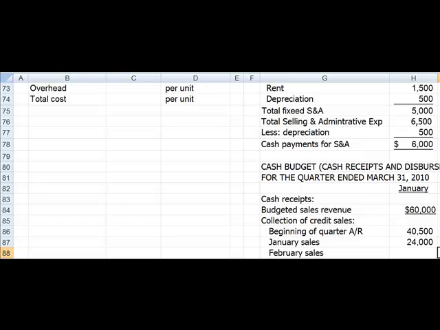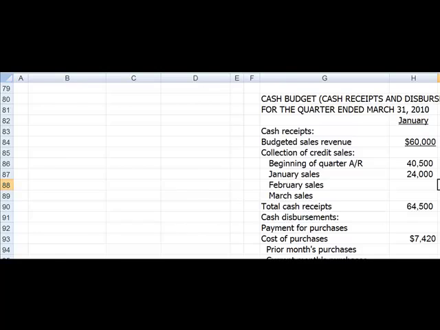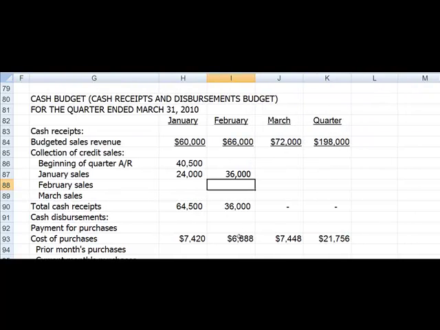So 40% in the month of sales and 60% in the month after sales. Now, normally you would just have prior month, current month, and then you could copy them over. I've set it up like this so you can see what's happening.